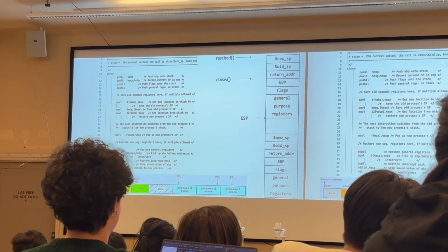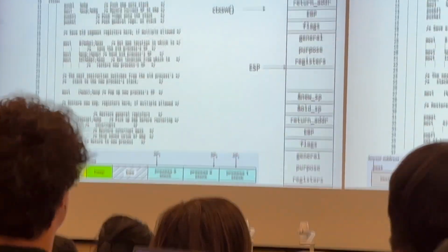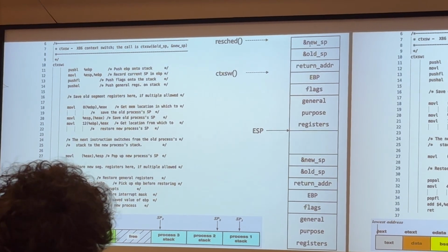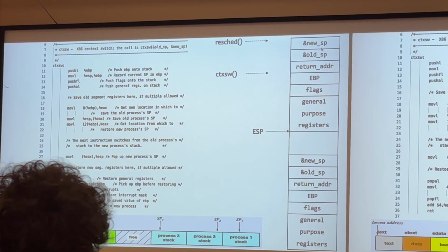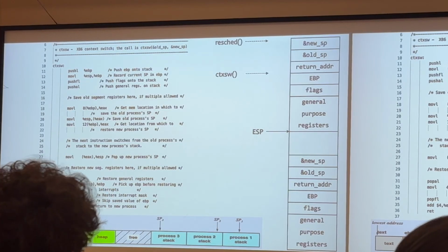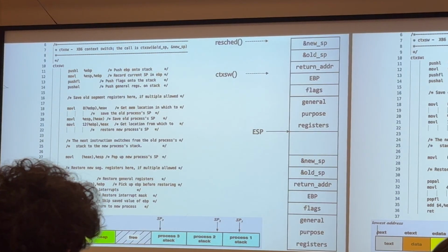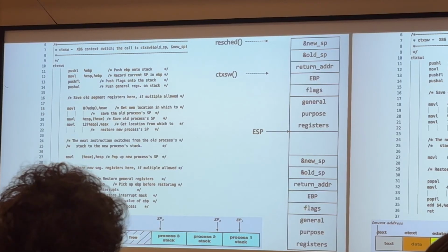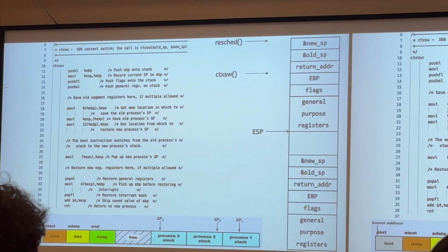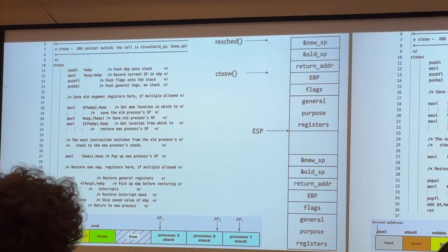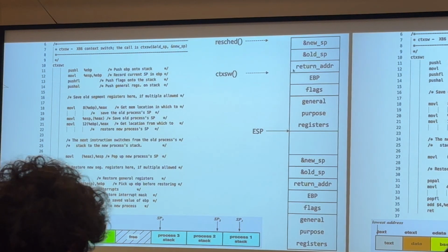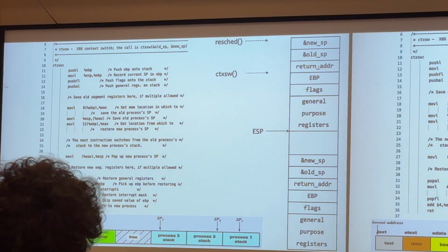When context switch is invoked by the reset function, the function invocation will first push these parameters onto the stack: the new process stack pointer's address and the old process stack pointer's address. Remember, it's their address in the BSS section, so it's not the value of the old stack pointer and new stack pointer. It's their address in the BSS section. And it also pushes the return address.